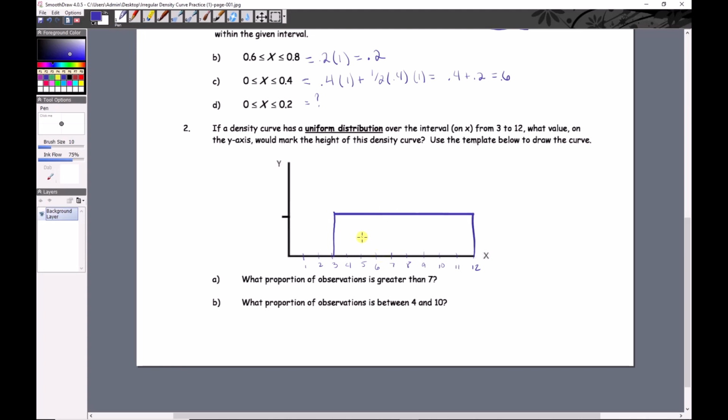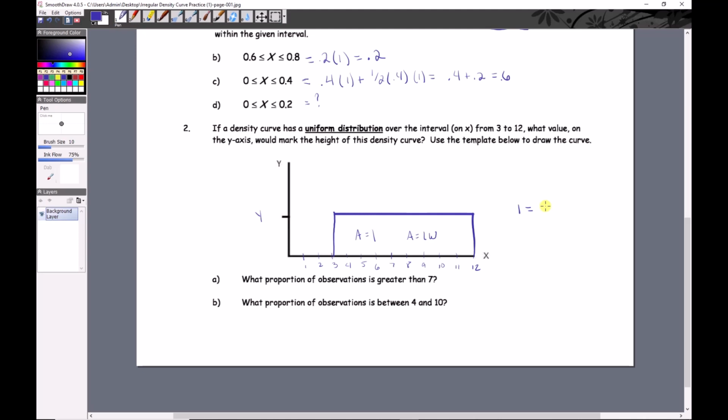Okay, so this is uniform. Uniform looks like a rectangle. And remember, the area here is equal to 1. But area is also length times width. And so we know the length of this. It's from 3 to 12. So our area, which is 1, is going to equal, and let's just call this for the moment y, this height.